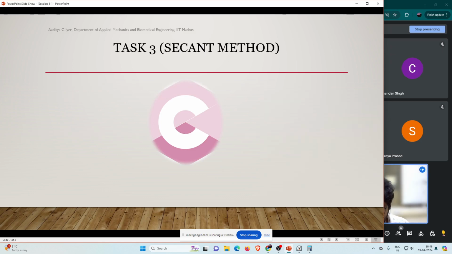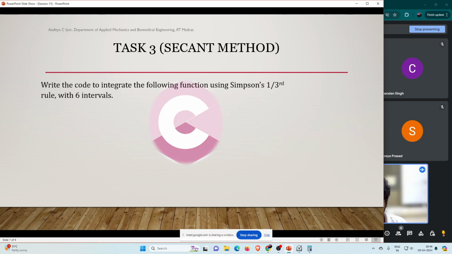So the task is basically to write a function. Or not a function, you can just implement it directly in the code itself, in the main itself, with 6 intervals. The bounds will be user defined. Oh, I didn't write that.